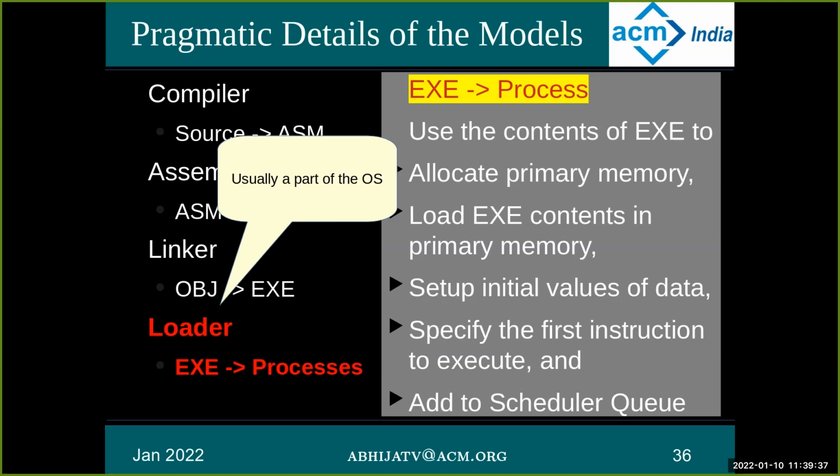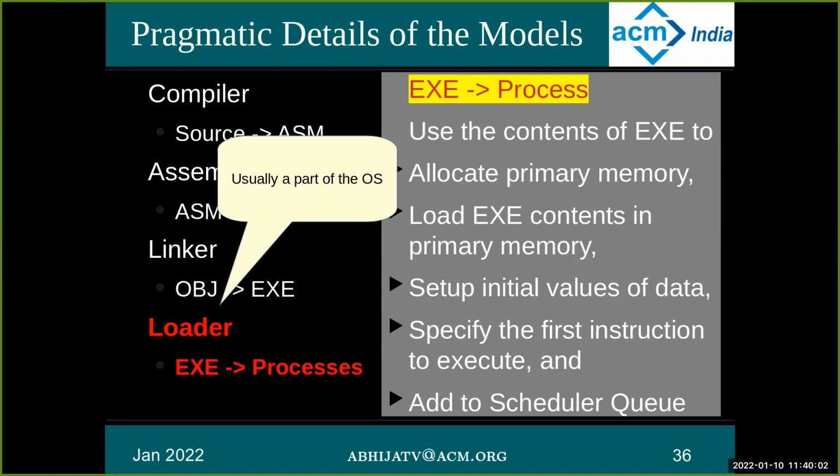Now, what is an operating system going to do to this exe file using its loader part? All right, what is it going to do? The task of an operating system is to construct a process out of this executable file and run it.